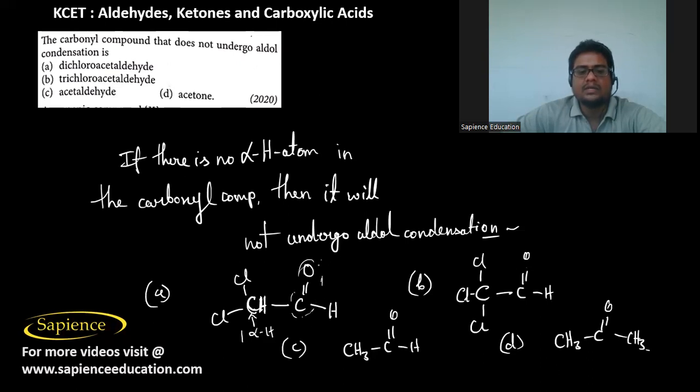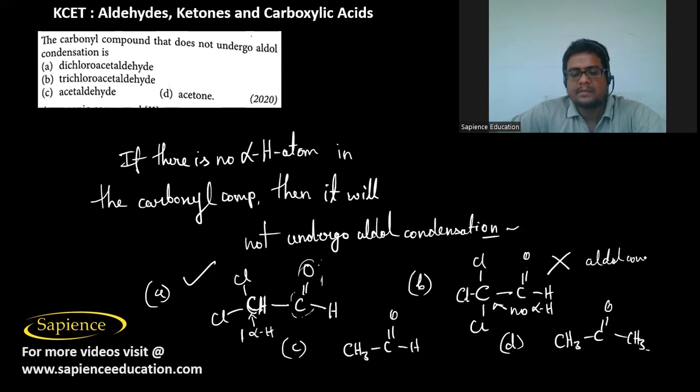So here it has only one hydrogen, one alpha hydrogen, so it will give aldol condensation. And in option B, trichloroacetaldehyde, there is no alpha hydrogen, so it will not give aldol condensation.